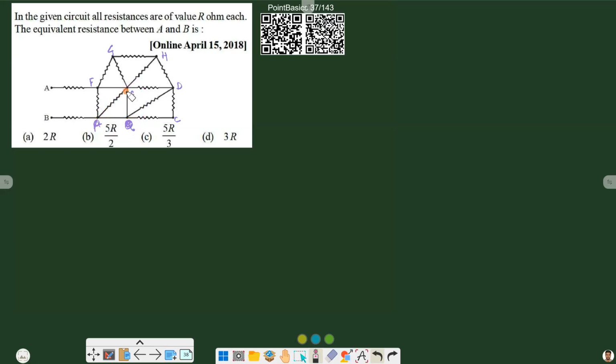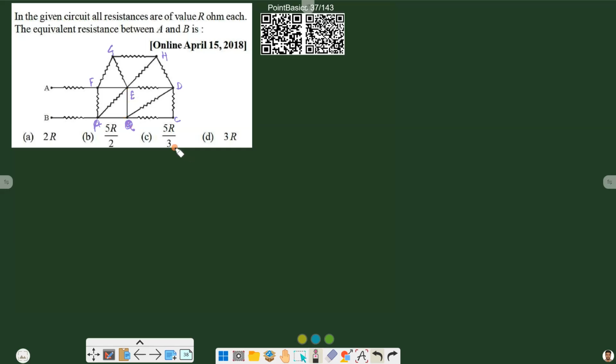And similarly, between E and Q, there is a wire. So it means these points, point P, point Q, and point E, are at equal potential. They do not have different potentials. They are at equal potential.